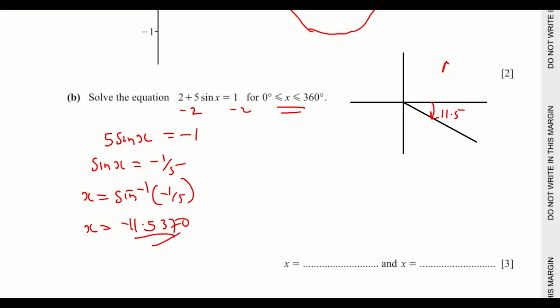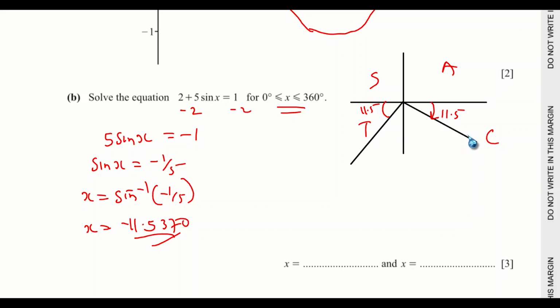All students take calculus. Sine is negative here, so we're going to get this angle, and sine is also negative here, so we're going to get this angle here. So this angle will also be equal to 11.5.